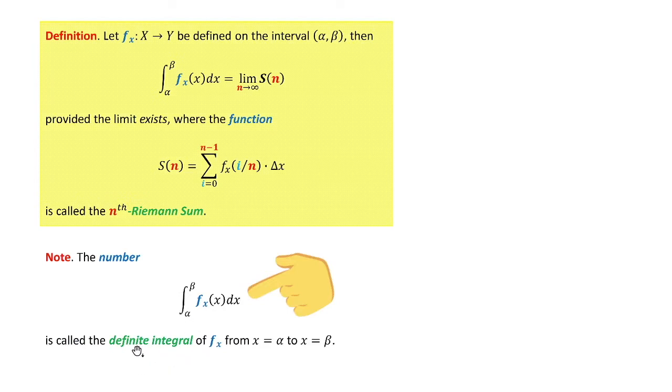It's definite because it equals a number. So there's no ambiguity about it. For example, the indefinite integral is going to be a set of antiderivatives. What's definite about that? You have to pick the one out of there you want. This one is definite. It equals the number, and that number is the limit of this.